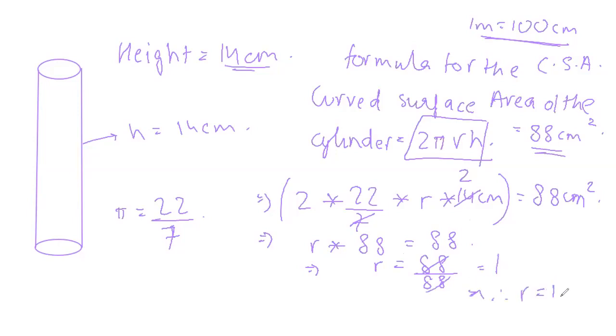If you write R is equal to 1, the teacher will give you a big 0. Why is that so? Because the value that you find for R, or any other measurement, may it be radius or diameter or height or any other function, always has to be with a unit. If you write the number without the unit, then the value itself is completely meaningless.